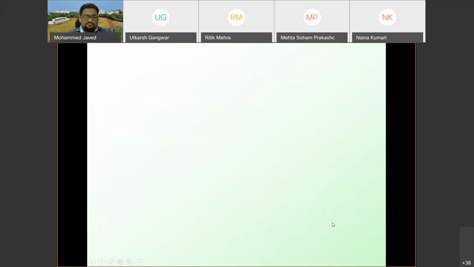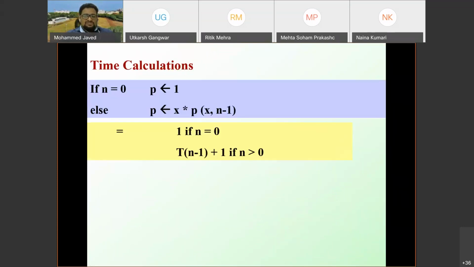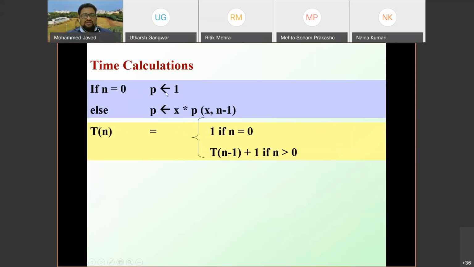Okay. So time calculations in case of multiplication, in case of x power n. Calculating x power n: if n equal to 0, then p is equal to 1, else p is equal to x into p of x comma n minus 1, which we have seen already. So in this case, let the time complexity function be t of n.